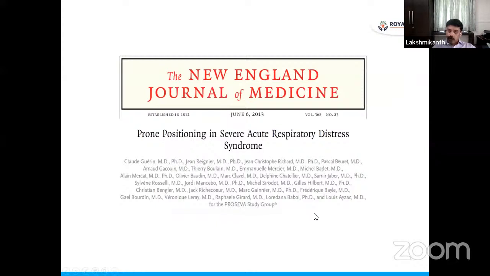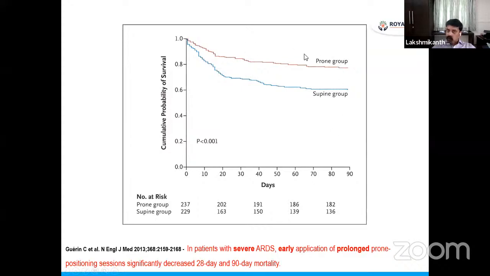All these things were evidently proven in a study in 2013 called the PROSEVA study. It showed a clear-cut improvement in mortality, and what is very important to know is that it is proven in severe ARDS with early application. That is, it is tried within 7 to 14 days, but it should not be tried in late ARDS, and with prolonged prone position.